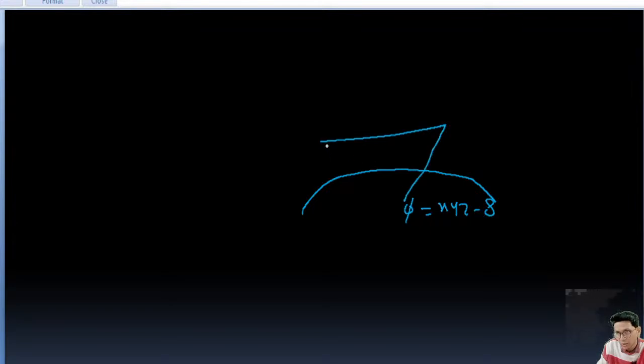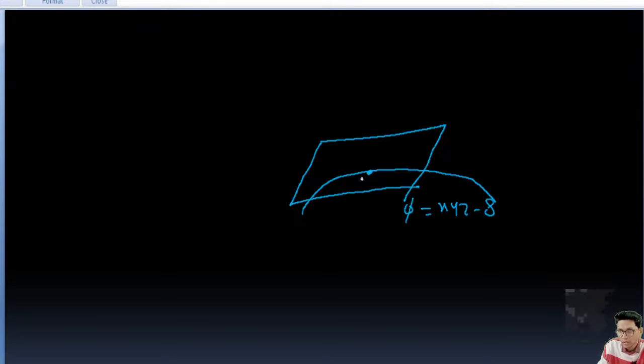Suppose this is the surface phi, which is equal to xyz minus 8, and this is the plane which is given. At this point the plane is tangential.